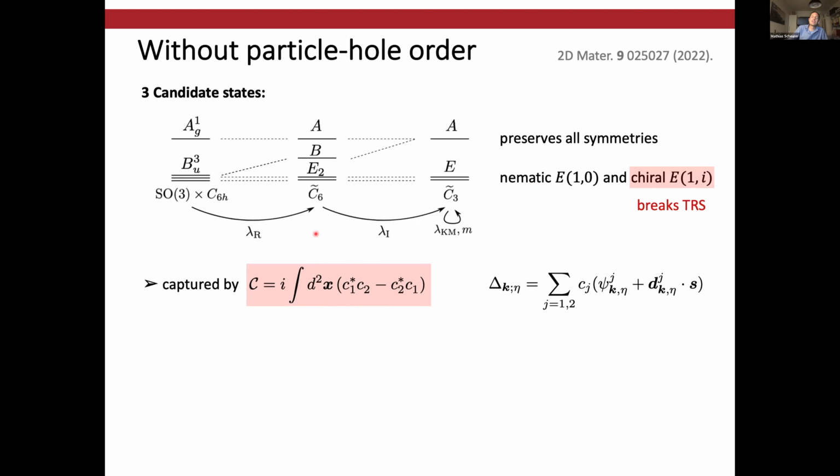So you could imagine that there's some composite order, where C1 and C2 are just the expansion coefficients of the superconducting order parameter in its basis functions. For this state, they would be 1 and i, and then C is non-zero, and it describes broken time reversal symmetry. I don't have any direct indication that this is the case, but if this composite order parameter condenses at some temperature T star above Tc, this breaks time reversal symmetry.